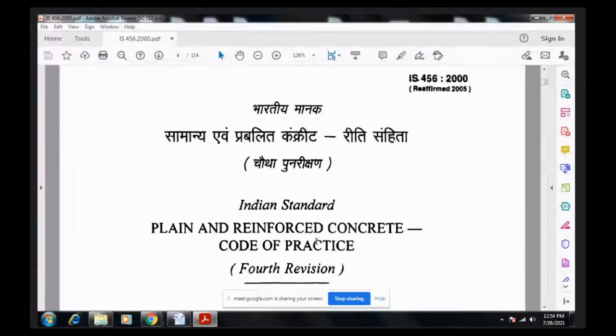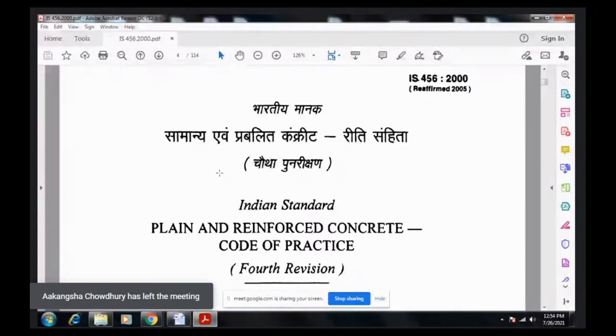For every activity there is an Indian Standard code. Or if you don't get it in the Indian Standard, then you can get it from institutions in the USA, whatever they published, ACI code, ASTM code.